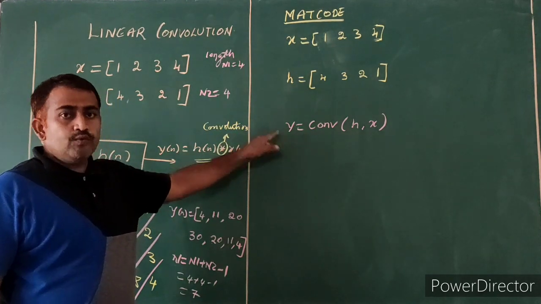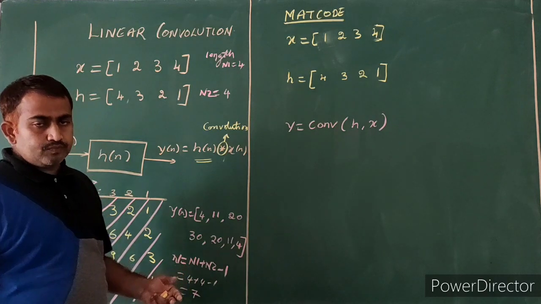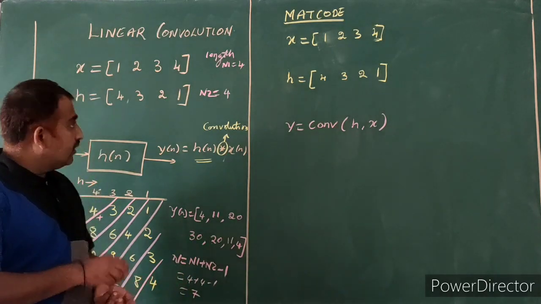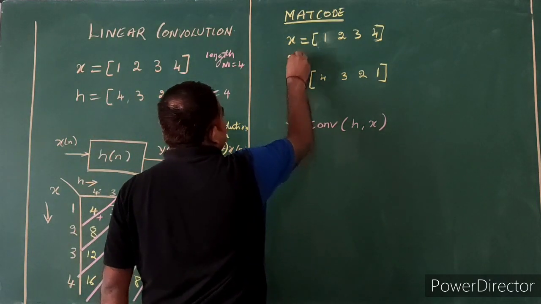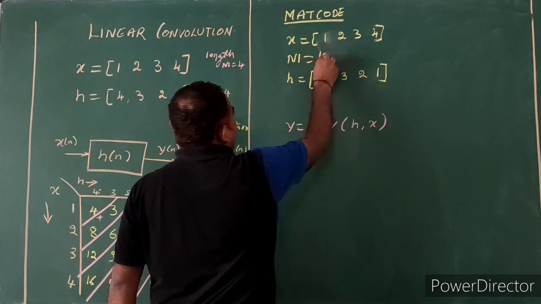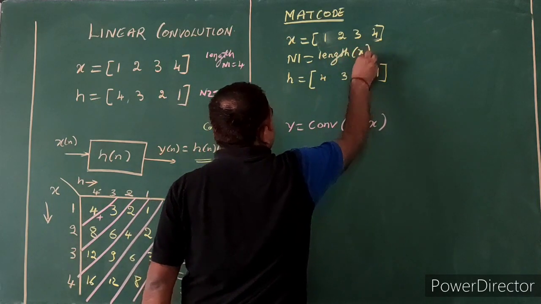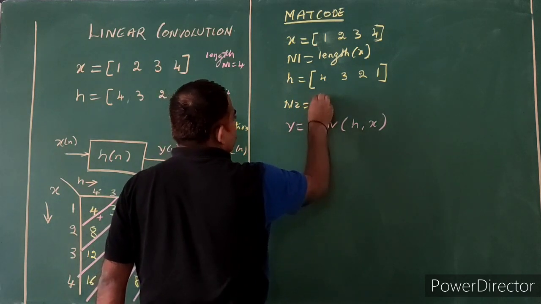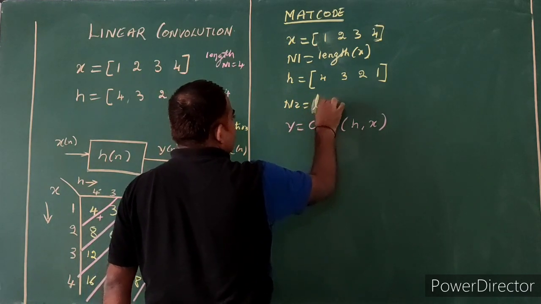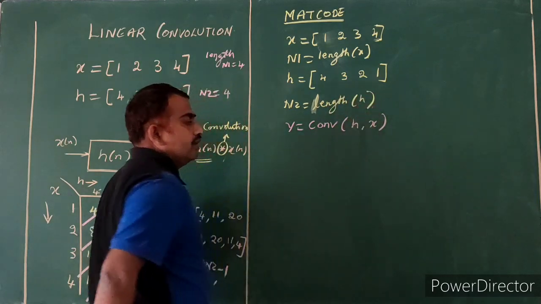But we want to see the result in a window in MATLAB, and we have certain steps to be followed there. Now let us see the length of x. Let us take n1 as length of x, n2 as length of h.